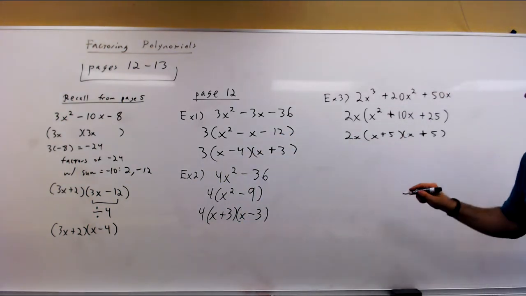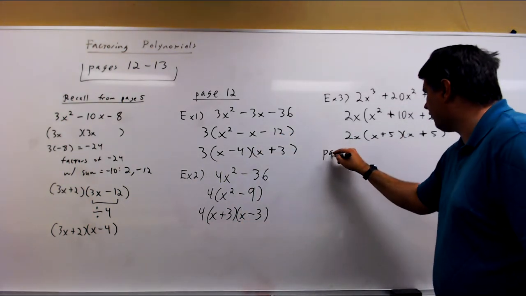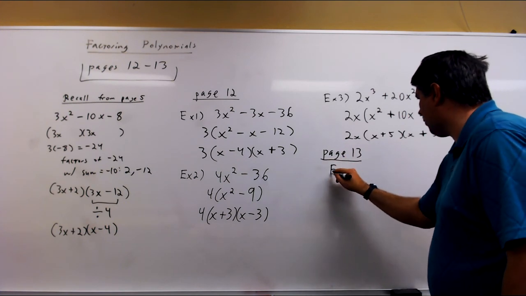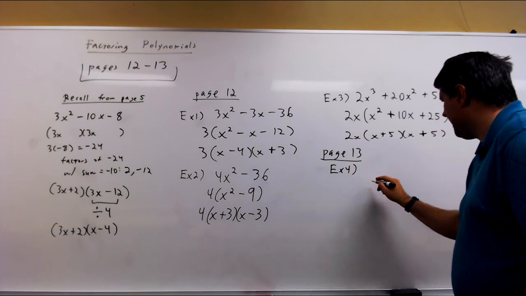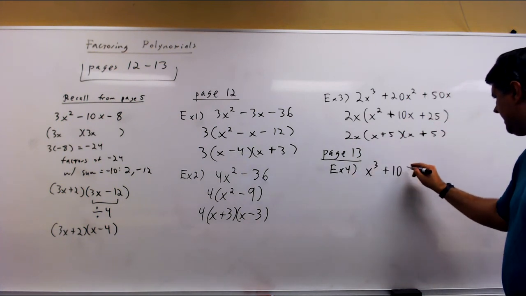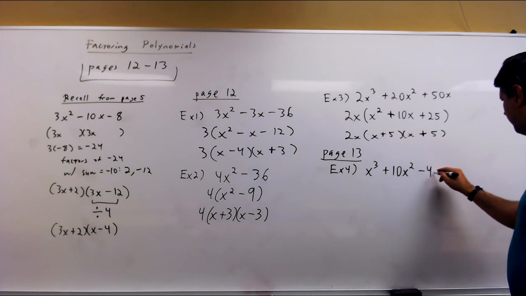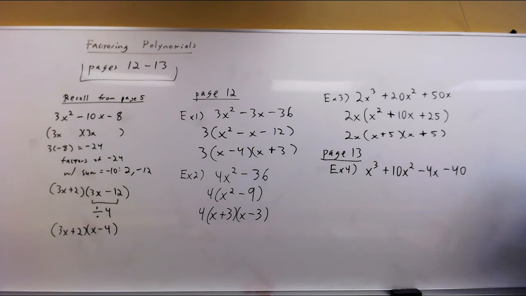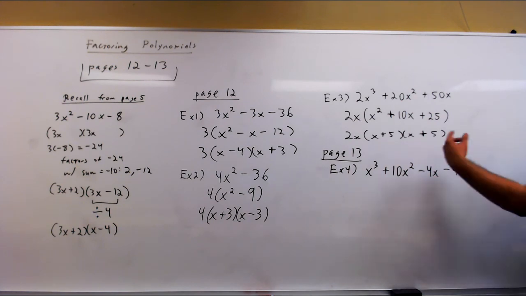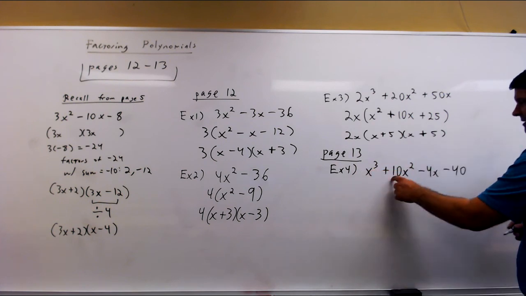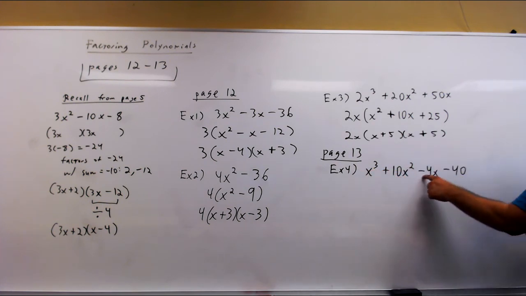And then finally, I'm going to do one example from page 13. Example 4. x cubed plus 10x squared minus 4x minus 40. Now, folks, this has no common factor, but it's factorable by grouping. The 10 is 10 times the 1, and that's 10 times that.